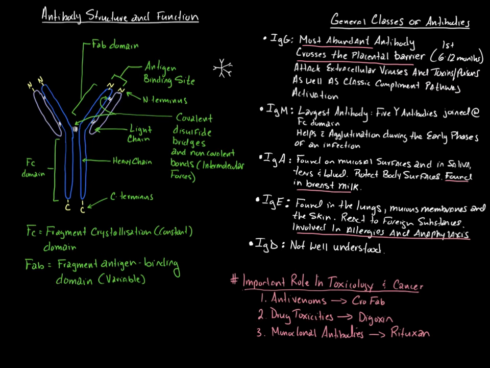We then extract and concentrate those antibodies, and we add enzymes that cleave the FC constant domain away from the Fab domain. So all we have is a concentration of the Fab domain of that antibody, and that's why we call it CroFab. It's not the full antibody, it is just the antigen binding domain. So CroFab is a very important antivenom for snake bites, particularly down here in the Southwest.